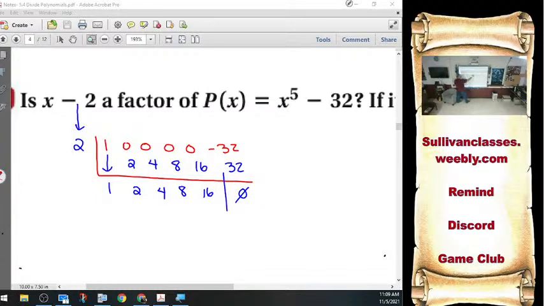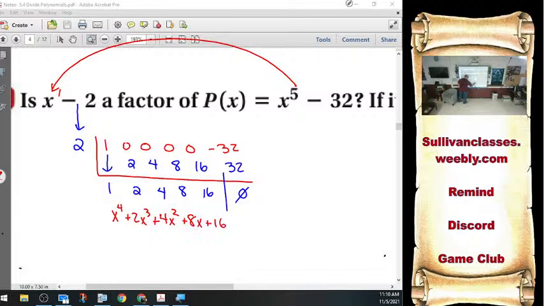And because I took x to the 5th divided by x to the 1st, I know that's 1x to the 4th, plus 2x to the 3rd, plus 4x to the 2nd, plus 8x, plus 16 with no remainder.